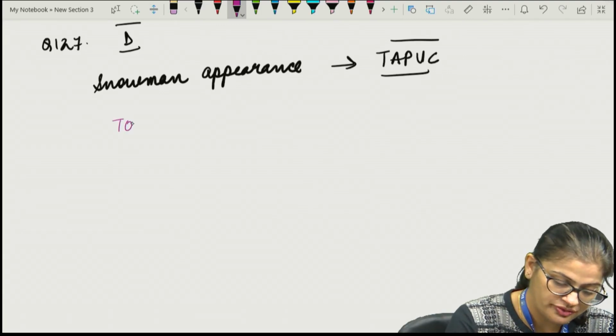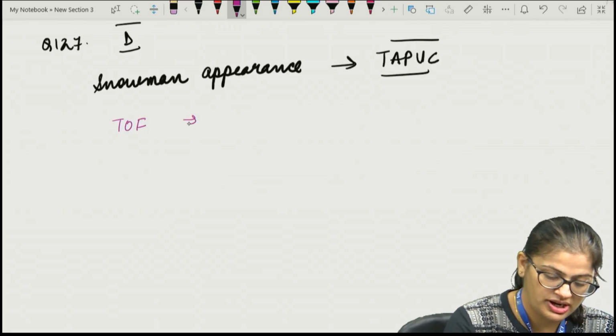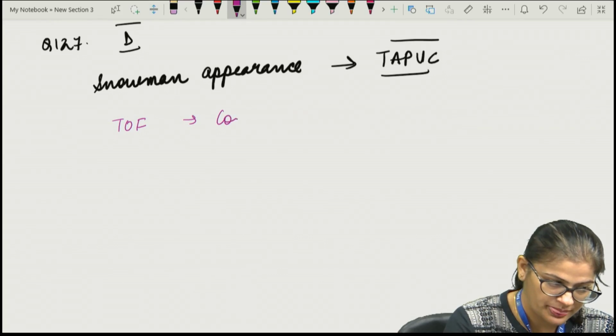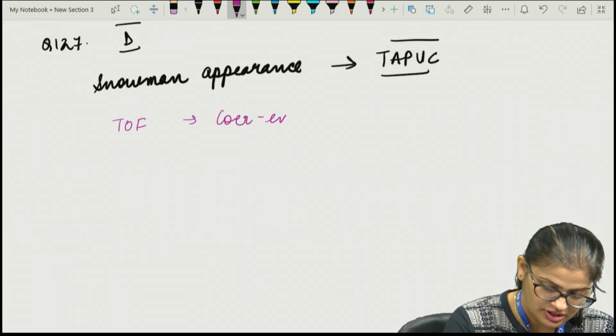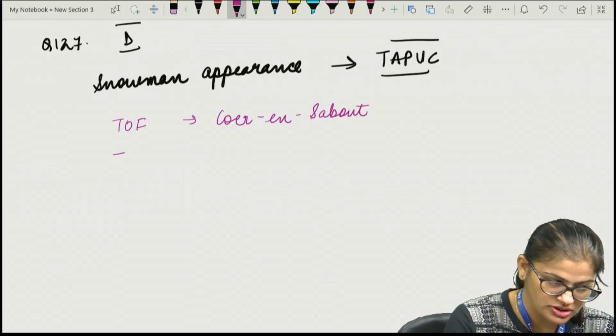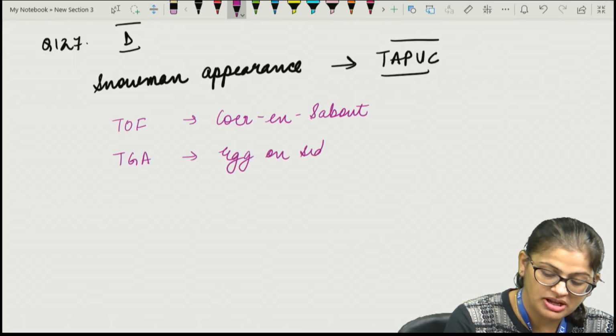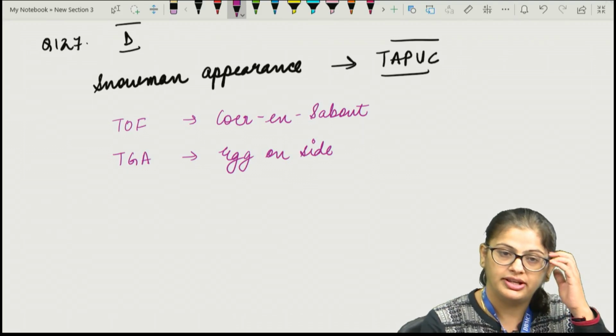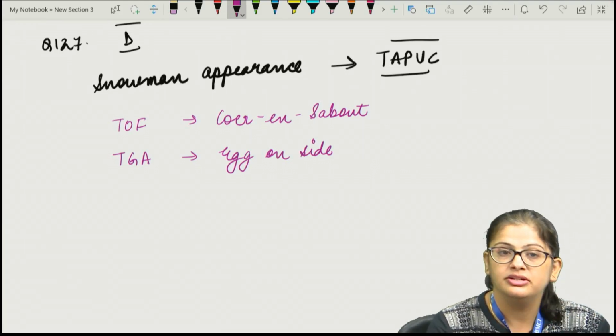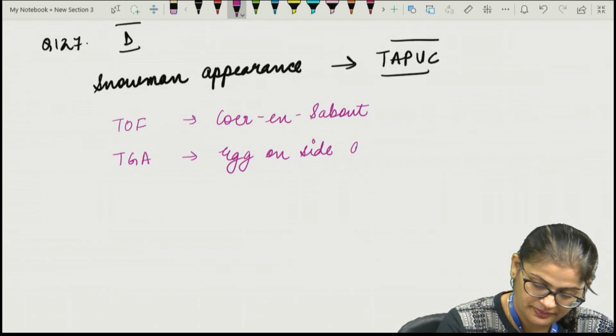Well, in TOF or tetralogy of Fallot, you can have a coeur en sabot, the typical appearance, and in case of a TGA, it is egg on side appearance. So these are some other typical X-ray findings that are seen in cyanotic heart diseases.